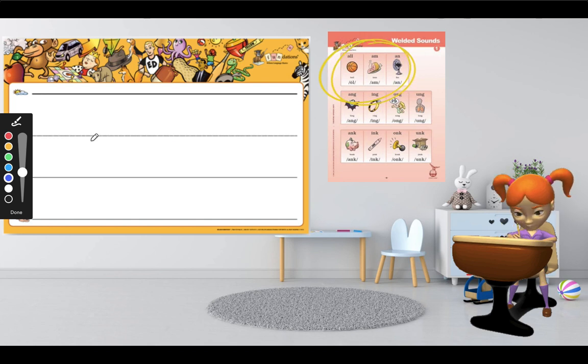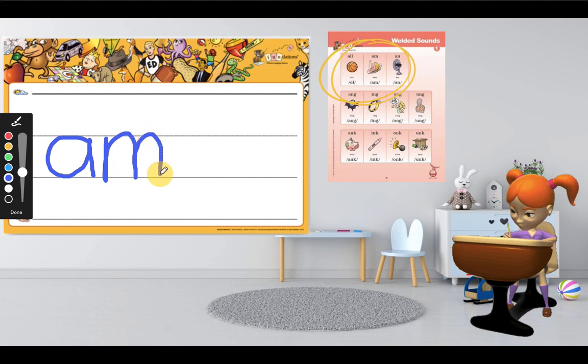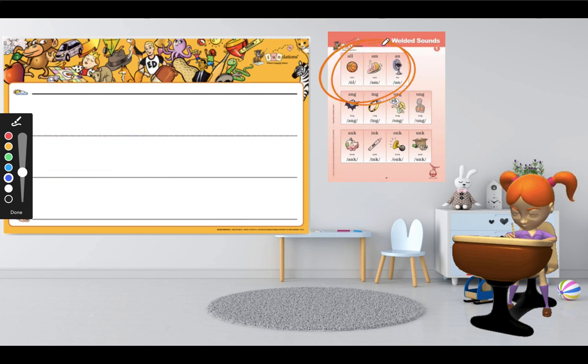Here is the glued sound that makes the sound am. A, M. And it's also right here on our chart for our glued sounds. You can erase your dry erase boards.